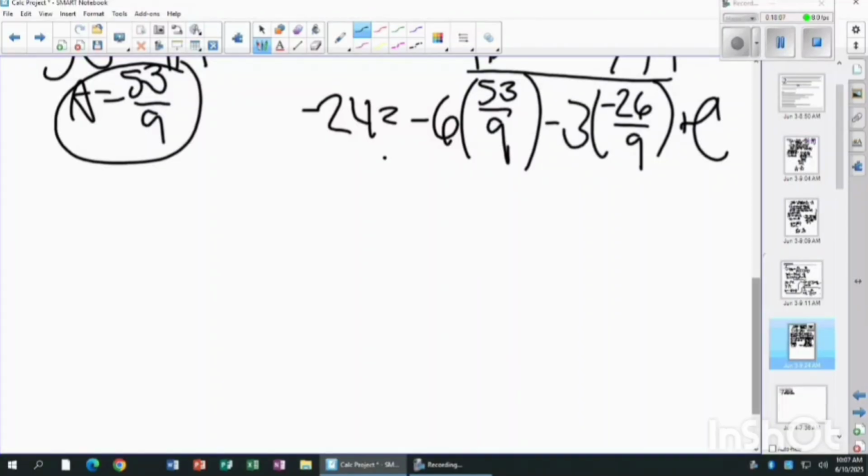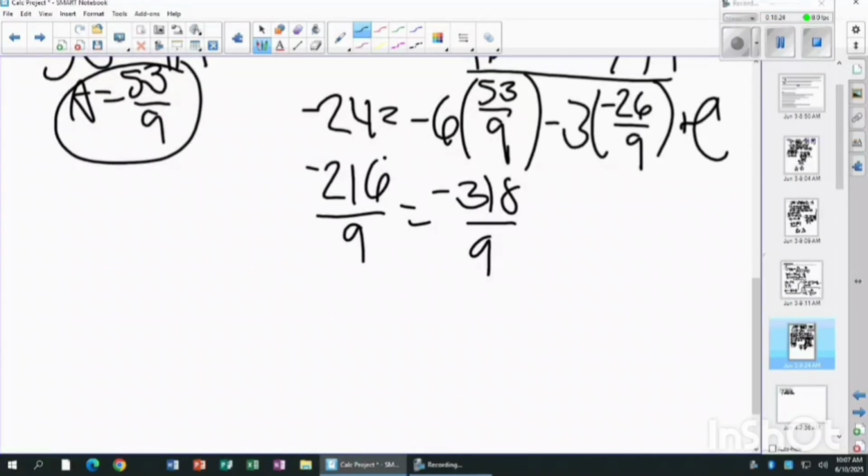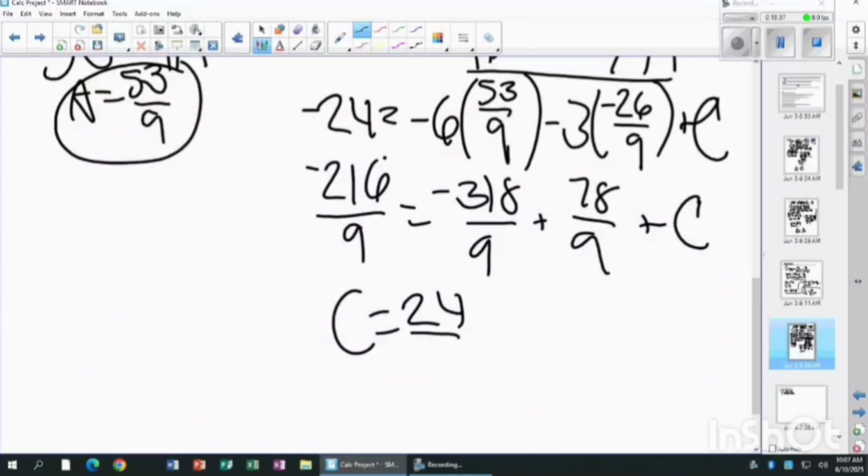All right. So when we multiply the negative 24 by 9 over 9, you have negative 216 over 9 equals negative 318 over 9 plus 78 over 9 plus c. And after moving everything over, you would have c equals 24 over 9.